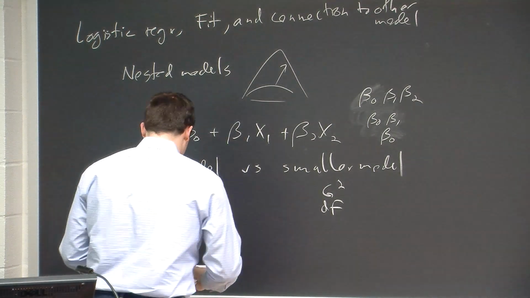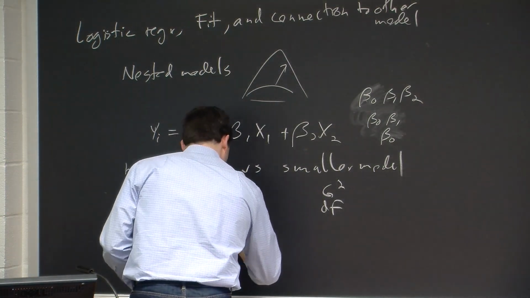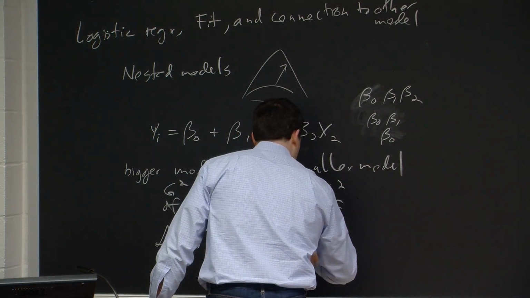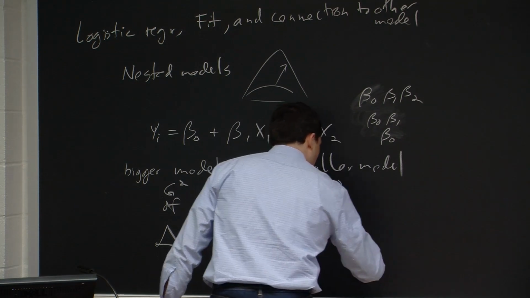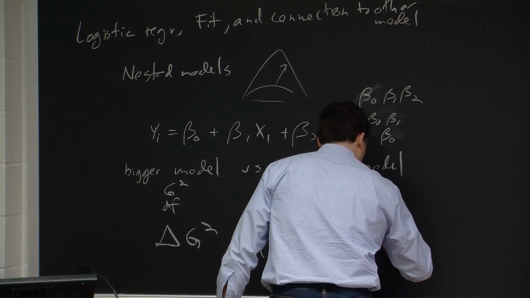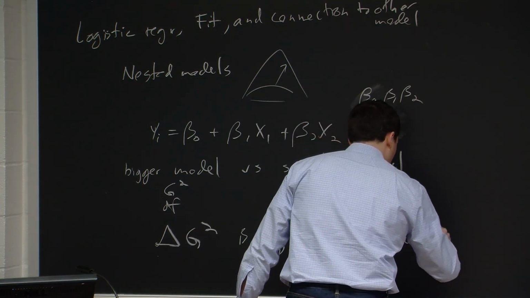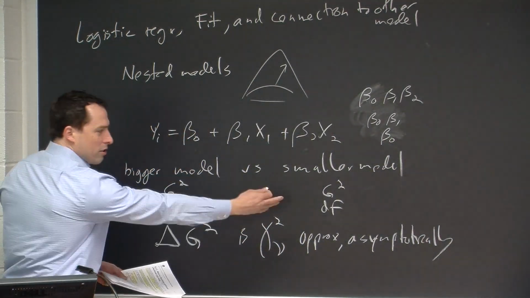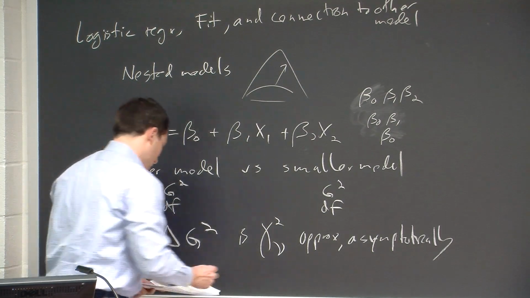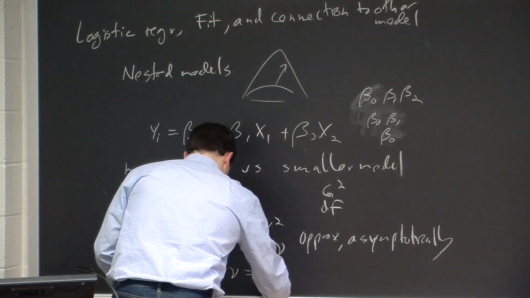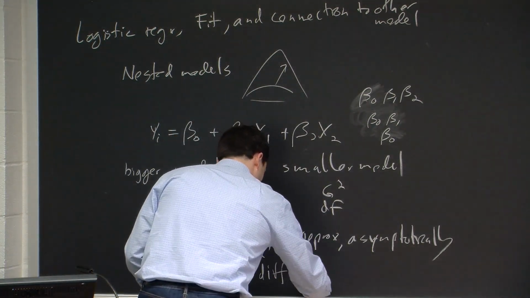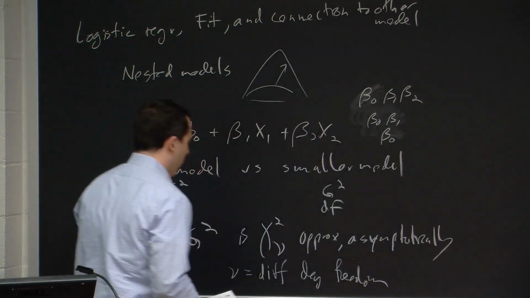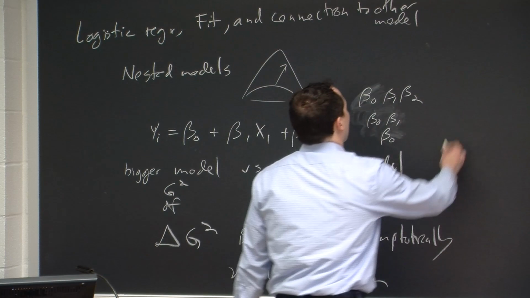This is, in fact, approximately, asymptotically chi squared, and the degrees of freedom is just the difference in the degrees of freedom. What does that mean?